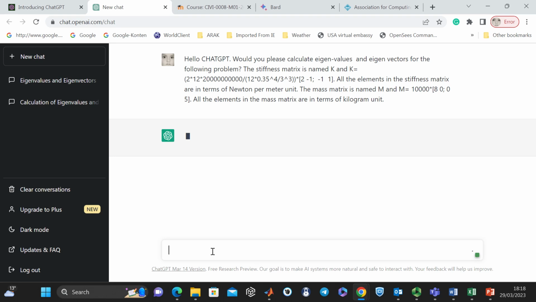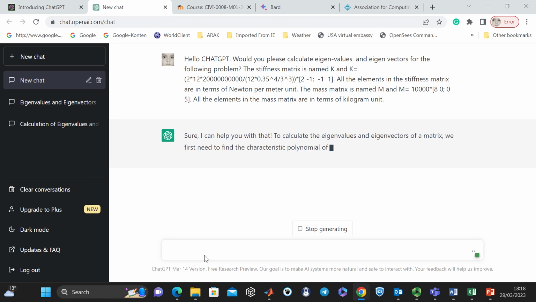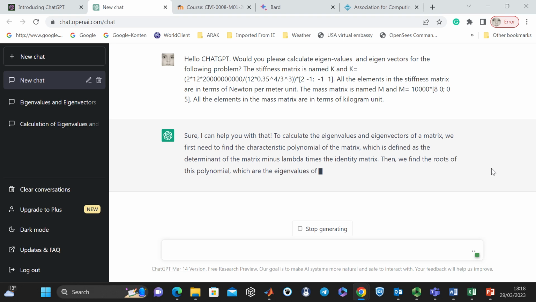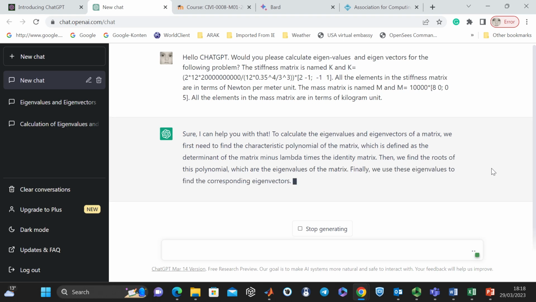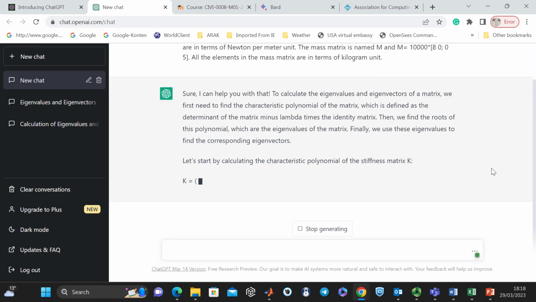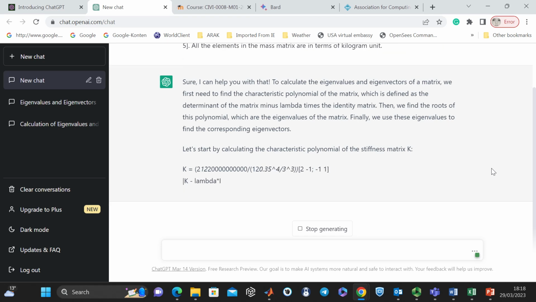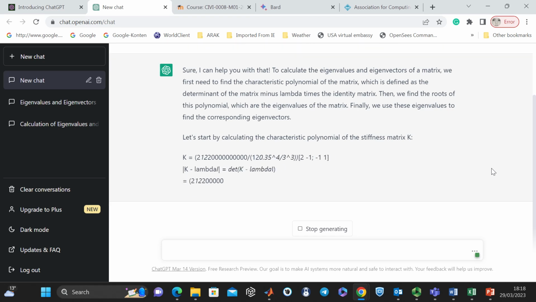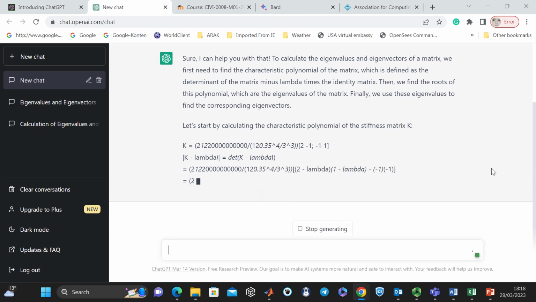It takes a few minutes or less. It starts to analyze the problem, and surprisingly it starts to calculate something that is very relevant. As you can see, it starts to calculate the stiffness matrix, but the problem is that it usually makes some mistakes in the middle of the calculations from different sources.